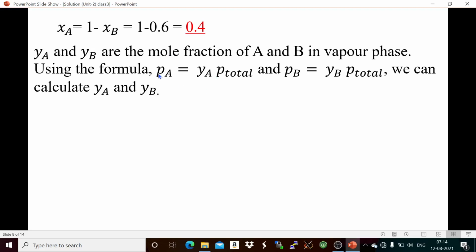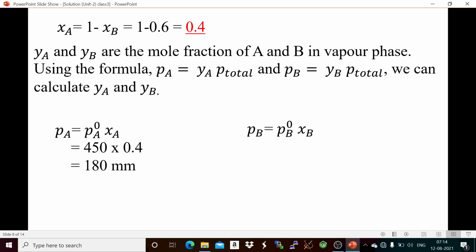Before that, we have to find PA and PB. Again, we know that according to Raoult's law, PA is equal to PA naught XA. Putting in the values, PA naught 450 times XA 0.4, so 180 mm. PB is equal to PB naught XB, PB naught 700 times XB 0.6, so 420 mm.